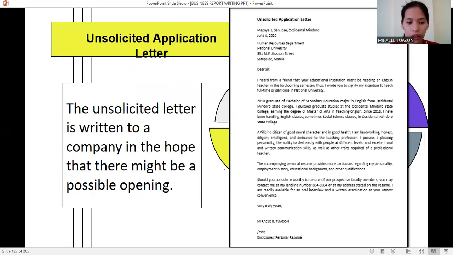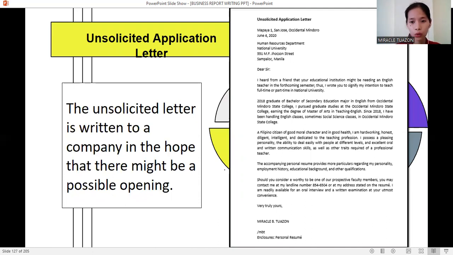Next, the unsolicited application letter, which is you are writing, hoping to get a possible opening or job hiring. The way of writing is the same as the solicited application letter.